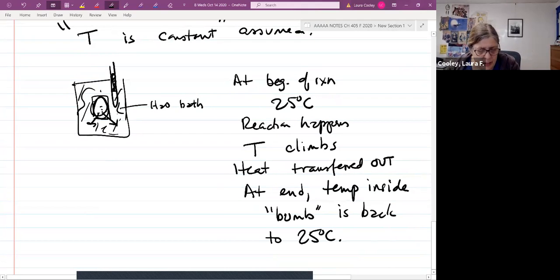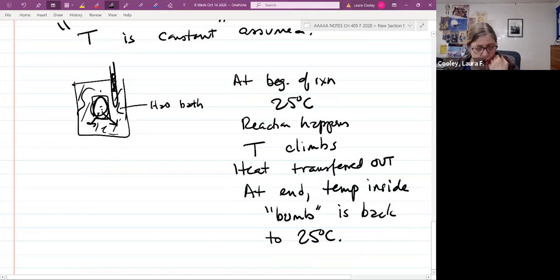So that's really all that the internal energy cares about, that the temperature went back to what it was at the beginning. There is a change in temperature, but by the end of the reaction, the temperature is back to what it was before. There's no overall change in temperature, so it doesn't lead to a change in the internal energy.